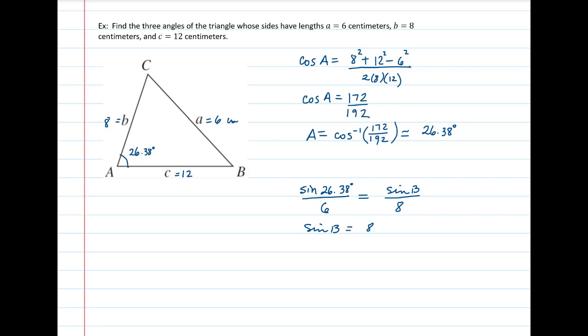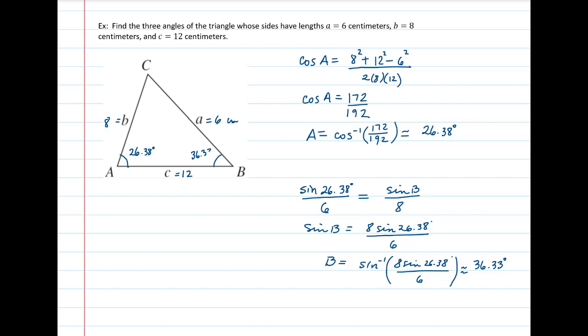Solving for B here, we've done this before in the previous section. Cross multiply and solve for sine of B. That's going to be equal to 8 sine of 26.38 degrees over 6. We need to find B, not sine of B, so we need to use arc sine, or sine inverse, of that whole thing. Once we put this in the calculator, we get that angle B is approximately 36.33 degrees.